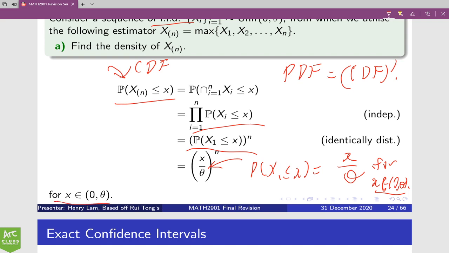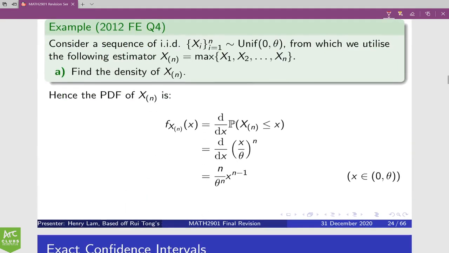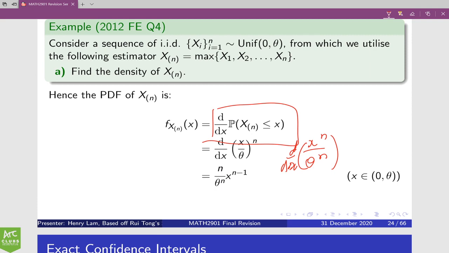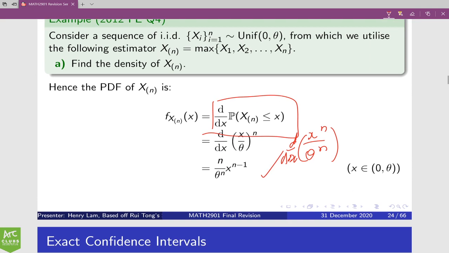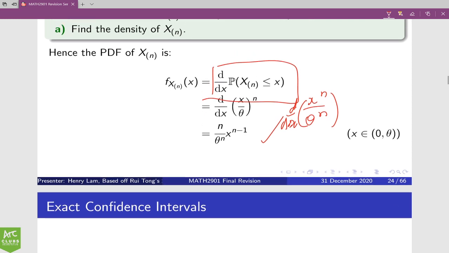So we know the CDF, and we can find the PDF by just differentiating. Differentiating this is easy: it's x^n over theta^n, so d/dx of that, and you just differentiate x^n. And you get the PDF, or density, as they call it here.